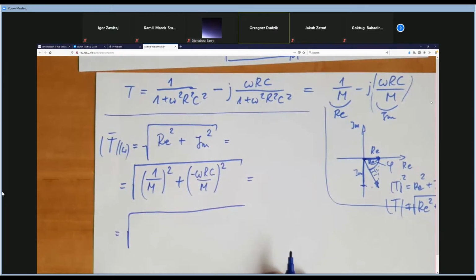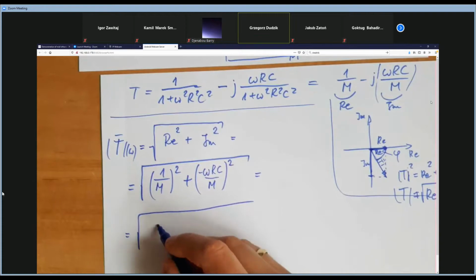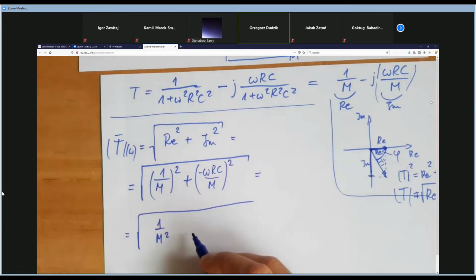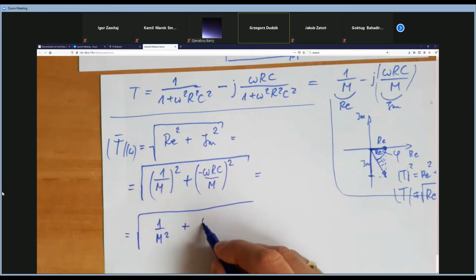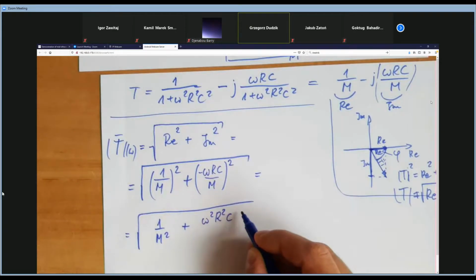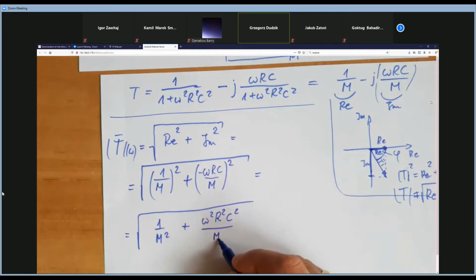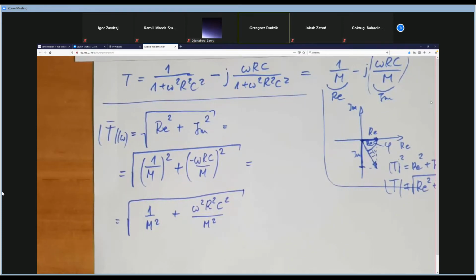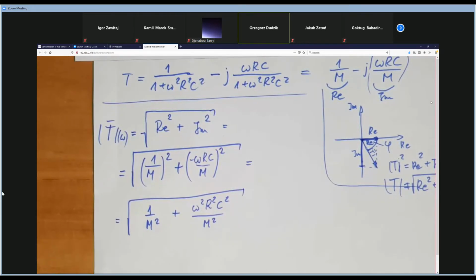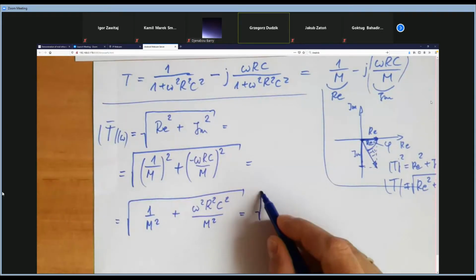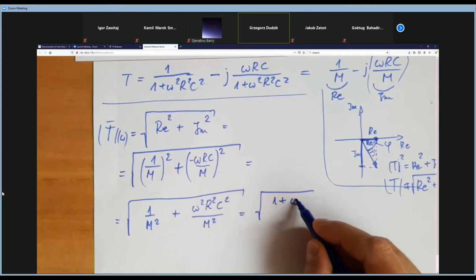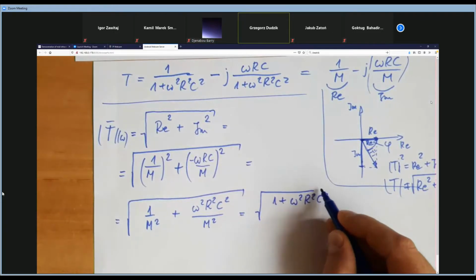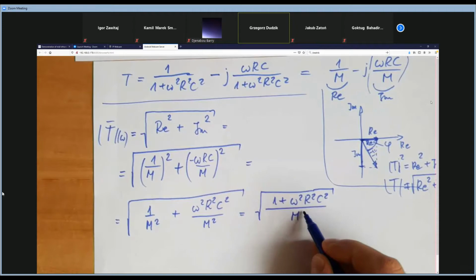So this is equal to 1 over m squared plus omega squared r squared c squared over m squared. Great. You can see that we've got the same denominator, so it is 1 plus omega squared r squared c squared over m squared.